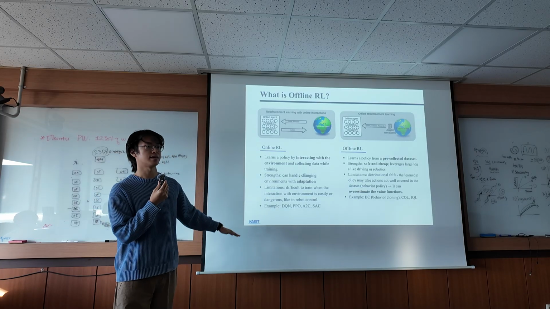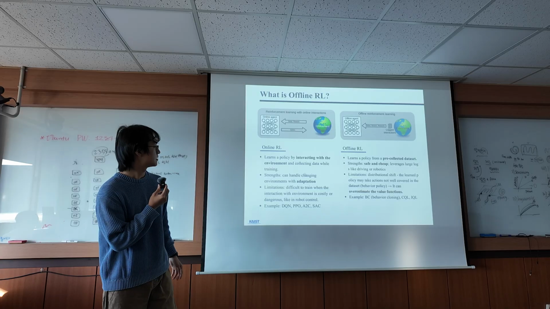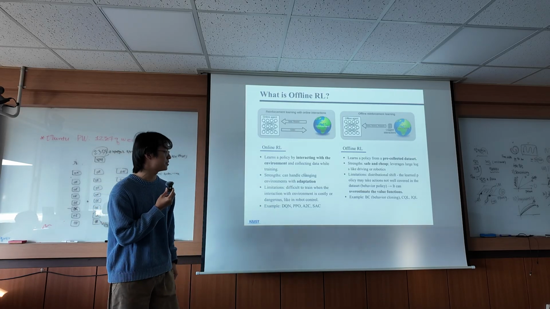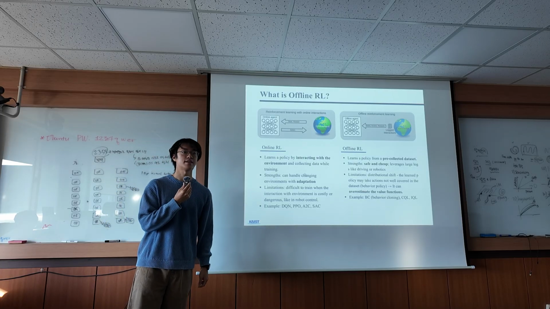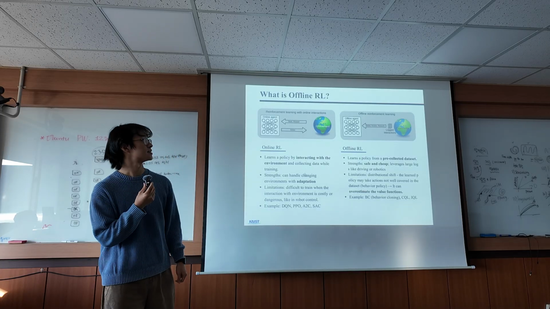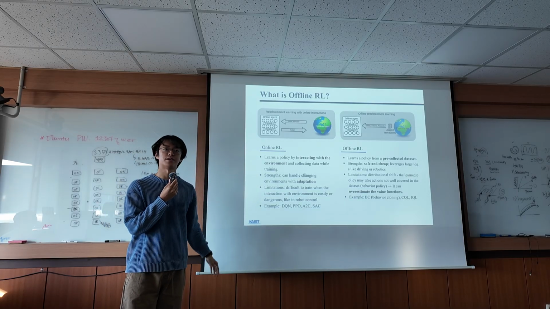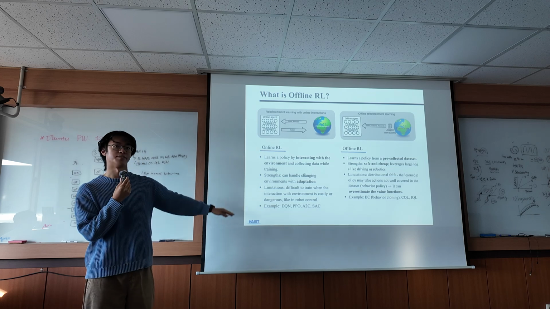In particular, the famous representative online RL algorithms are DQN, PPO, A2C, or SAC, which you guys have heard about. They can interact with environments, but they have those limitations.